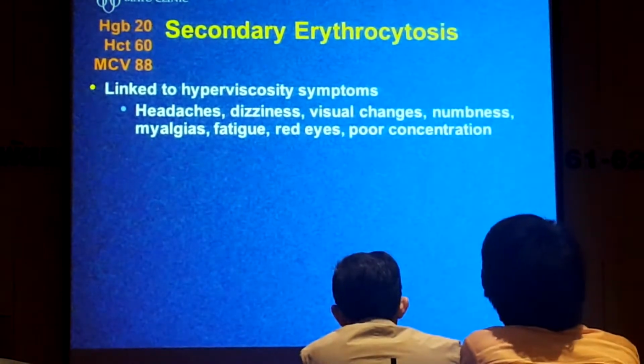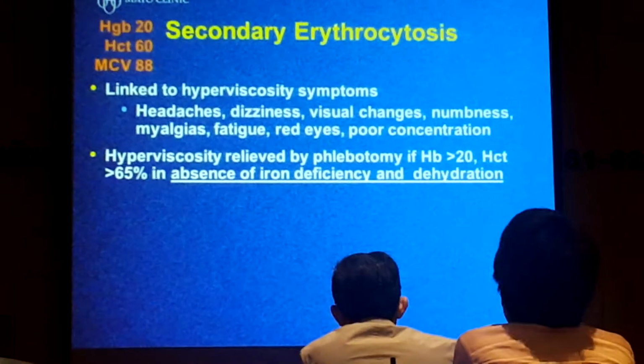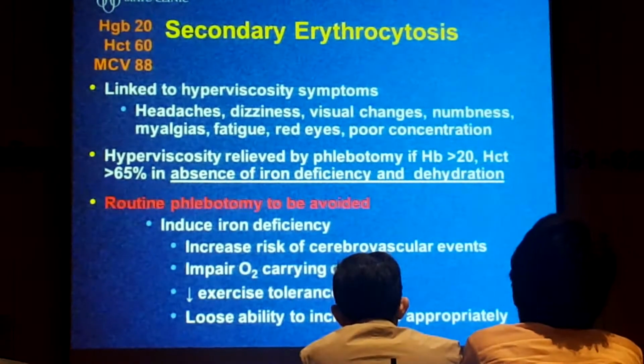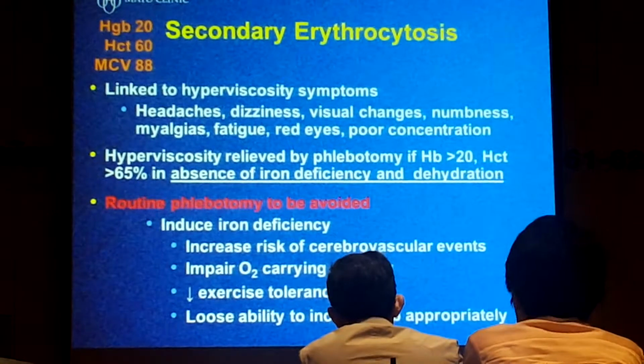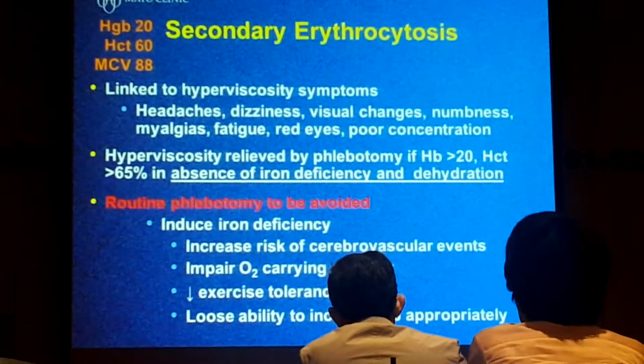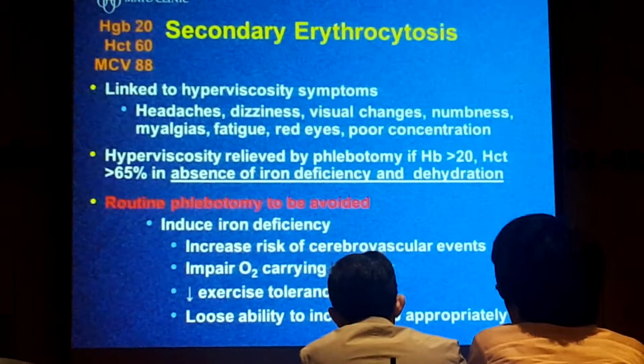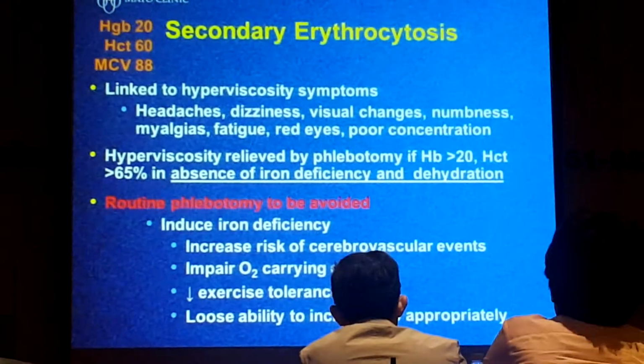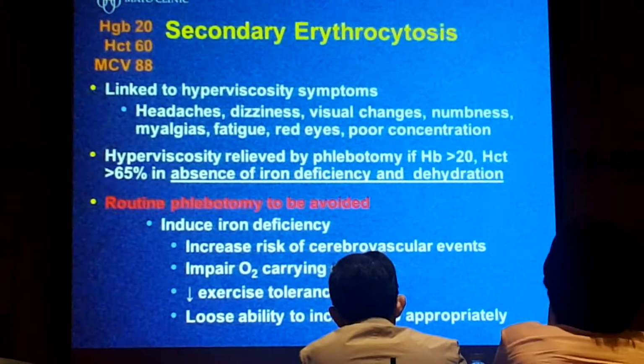They kept on having repeated phlebotomies. However, this is not that good, because repeated phlebotomies cause iron deficiency anemia, which we demonstrated 20 years ago is associated with a significantly increased risk of stroke. So we avoid nowadays doing any phlebotomy unless really, really needed, and we replace it with water.